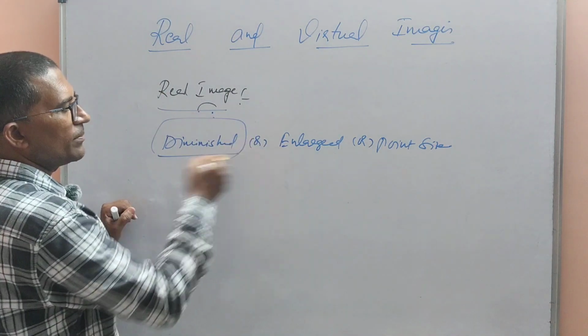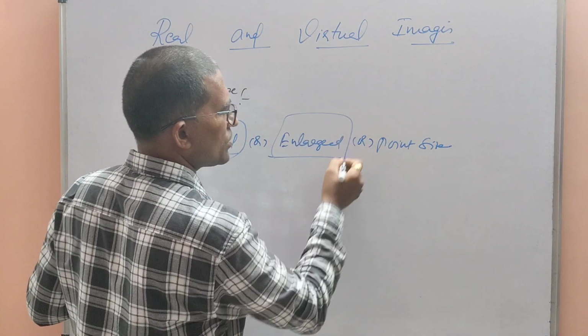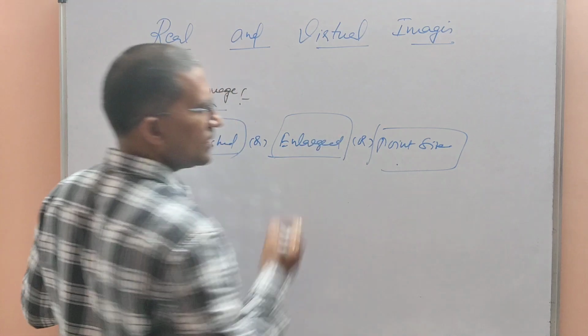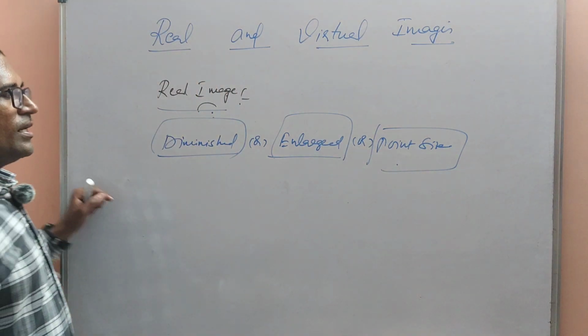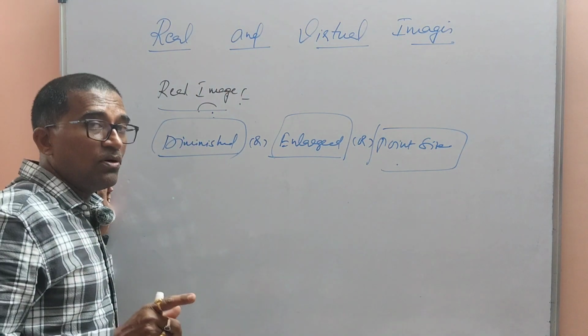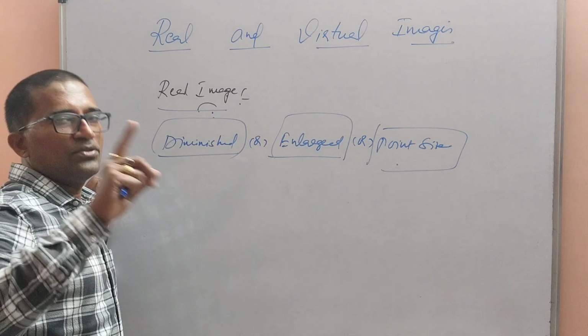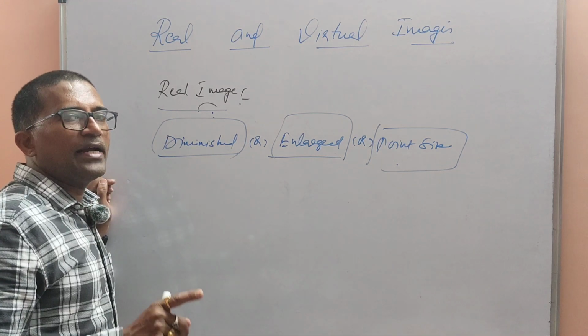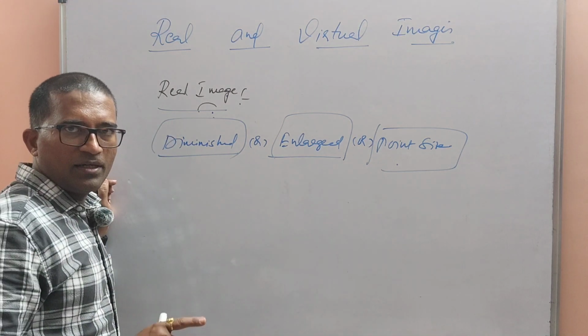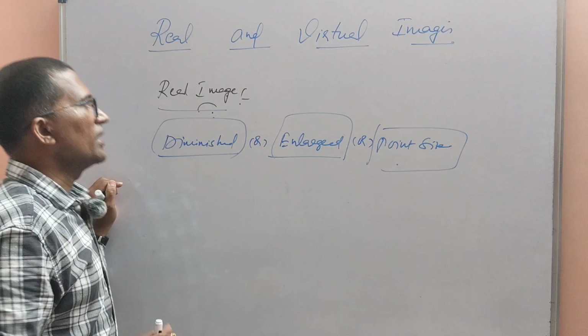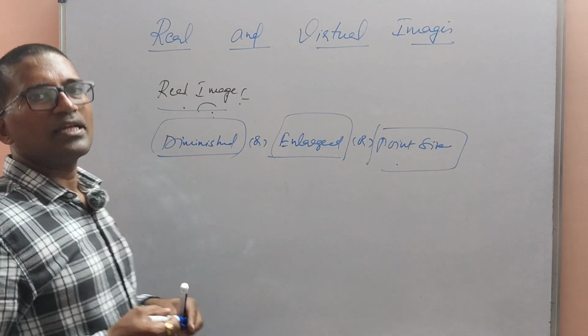Understood? These real images are formed by which mirror, as I told you? Only the concave mirror. There is no chance for the convex mirror or even the plane mirror. Is it clear? Okay, so this is what we call real images.